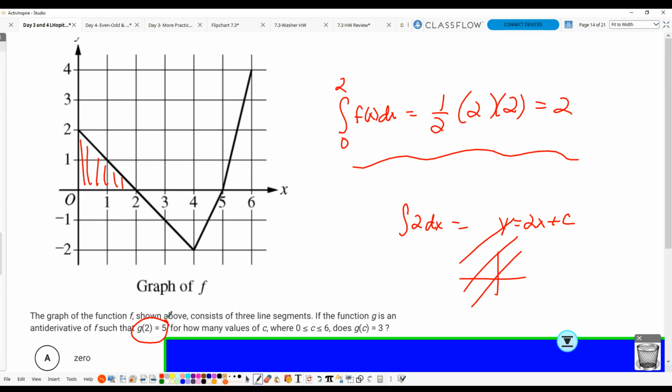It didn't tell me what g of 0 is, so I don't know its y-intercept, but I do have some information where it's anchored down. So this one is anchored down. I don't know g of 0, but I know g of 2, and the integral is how much the function changed from this point in time.